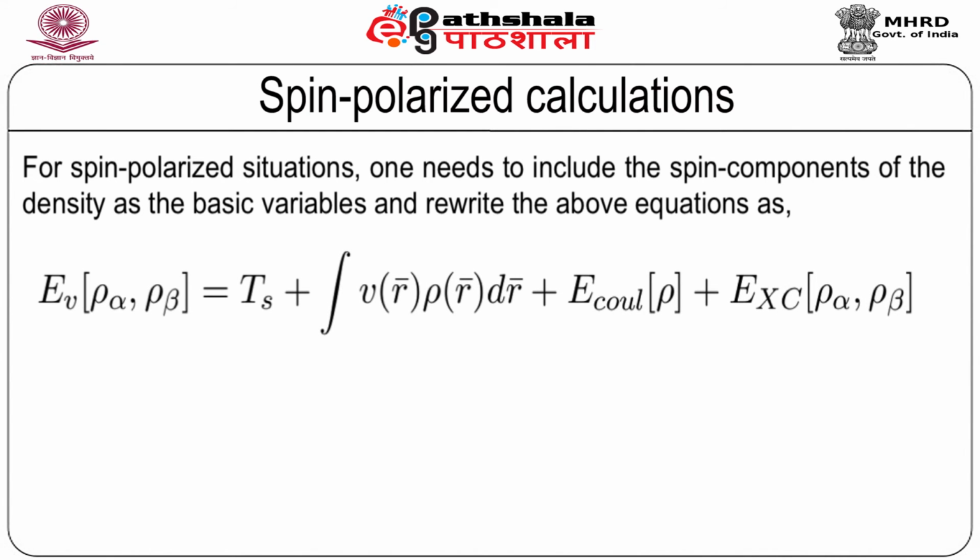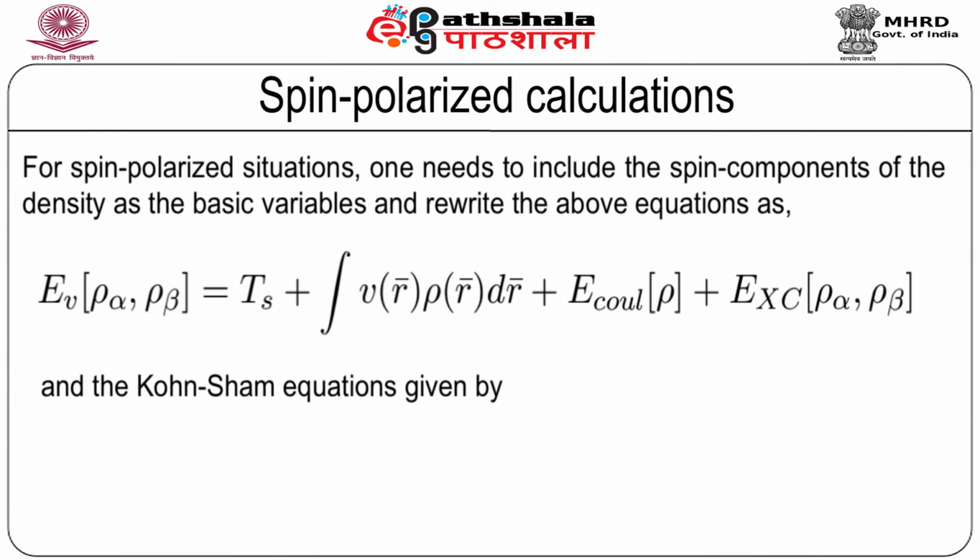We should have E[V], which now depends on rho of alpha and rho of beta, which is equal to the kinetic energy term, the Ts, that of the non-interacting electrons, plus integral V(r) times rho(r) integrated over dr, plus the Coulomb contribution, E Coulomb, that is a functional of density, and E exchange correlation, that is a functional of density in the up spin channel or alpha spin channel and the density in the beta spin channel.